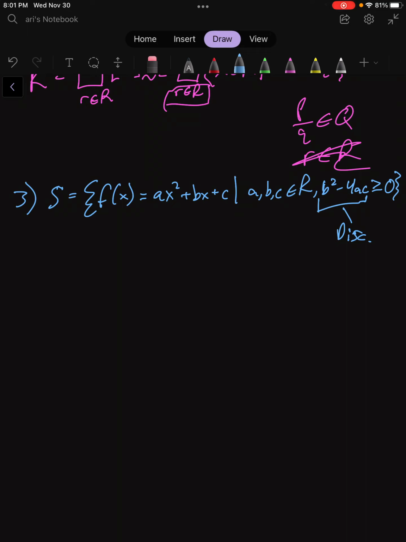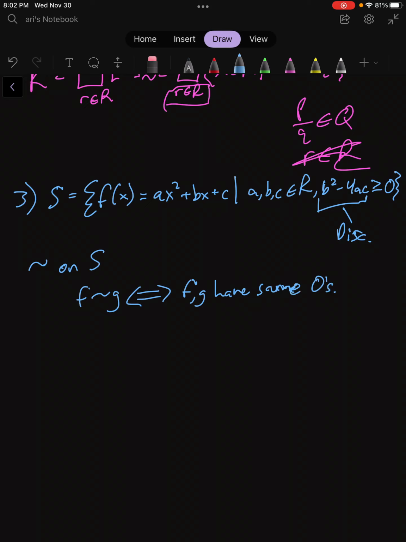Okay, let's talk about the relation on S. f tilde g if and only if f and g have the same zeros. Wicked.